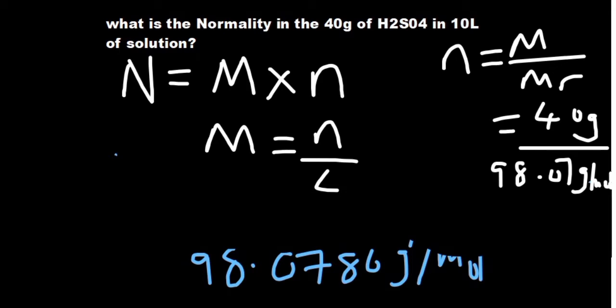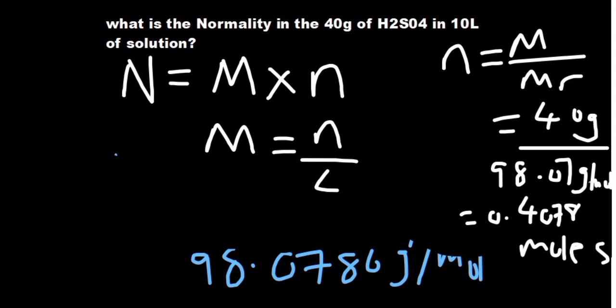So 40 divided by that, we have 0.4078 moles. So we've determined the number of moles.